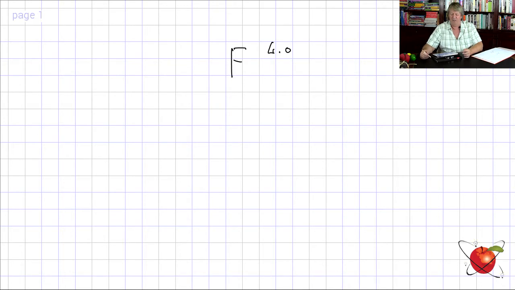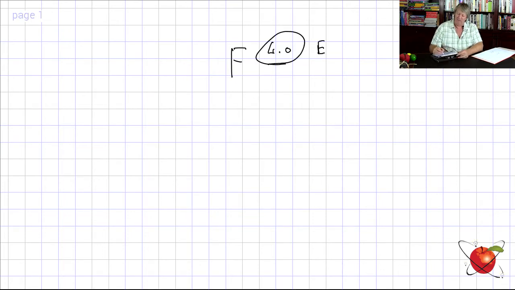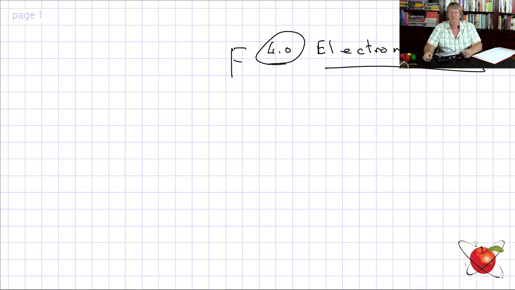Chlorine has one, oxygen has one, all of them have a number given there. This number is called the electronegativity. And what does the electronegativity mean?